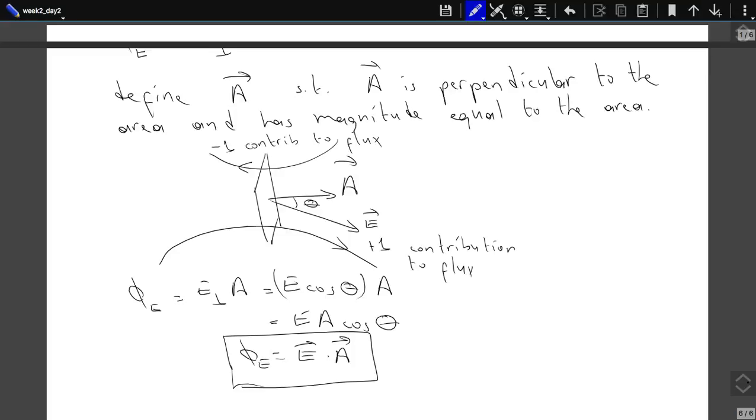The area vector is perpendicular to the area. It is defined as perpendicular to the area. That is our definition. Questions?